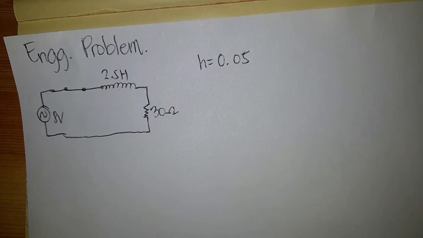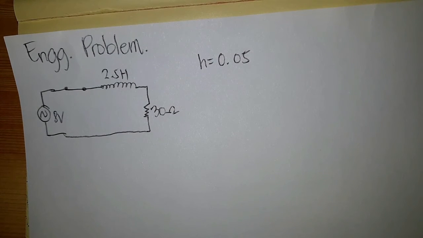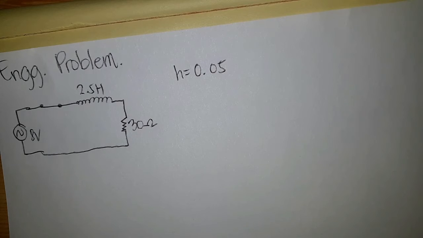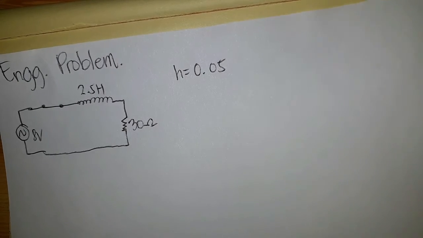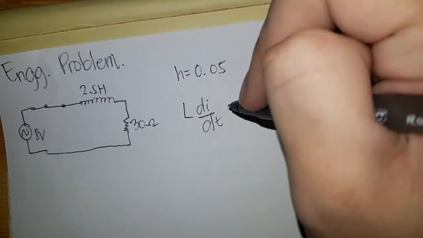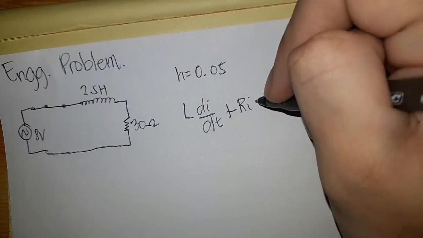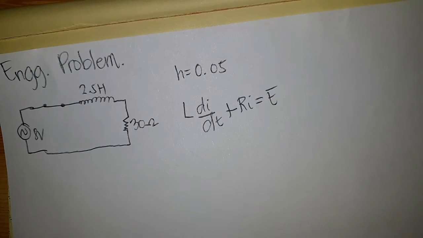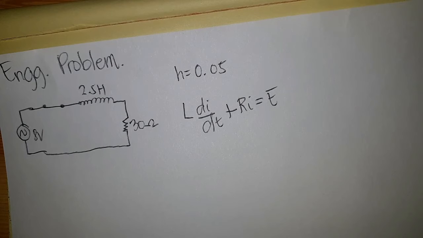As we all know, the current of the RL circuit can be solved using an ordinary differential equation. So the ODE for the RL circuit is L di over dt plus Ri is equal to E, where L is the inductance of the RL circuit, the di over dt is the change in current over a given time.